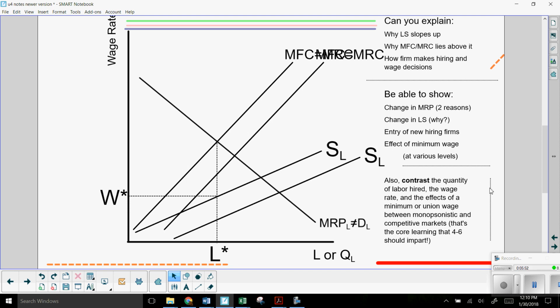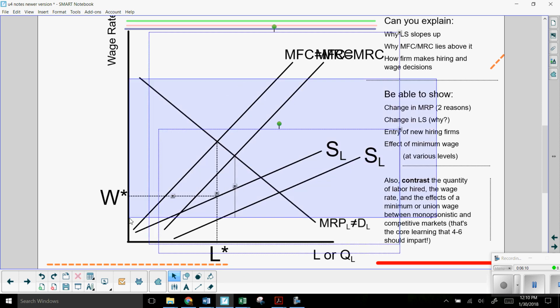And this is going to mean now that the firm will want to hire this quantity of workers right here. I'm looking from this point right there where the new MFC line meets the same old MRP line. And then the wage they would pay, whoops.